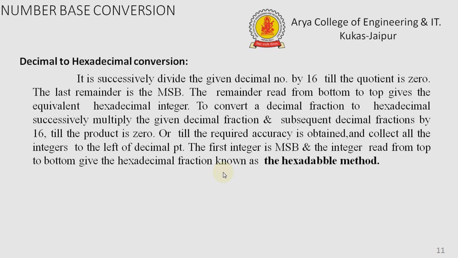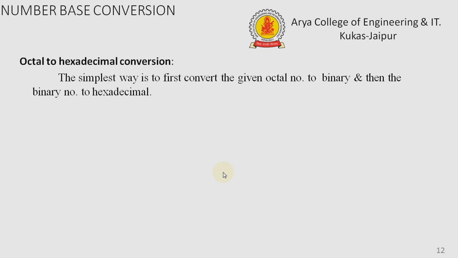So the first integer is the MSB, and the integers read from top to bottom give the hexadecimal fraction. So this is also the same, where we successively divide the given number by 16 and read the remainders upward through the MSB.